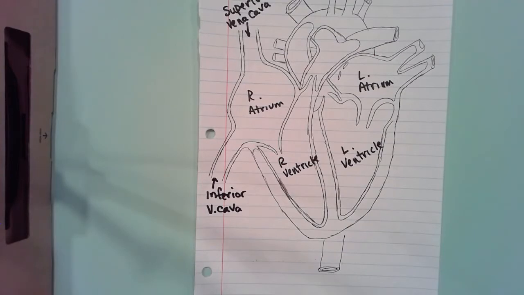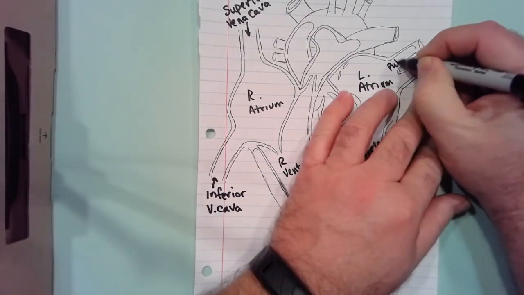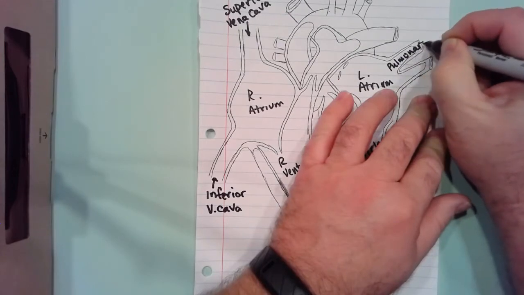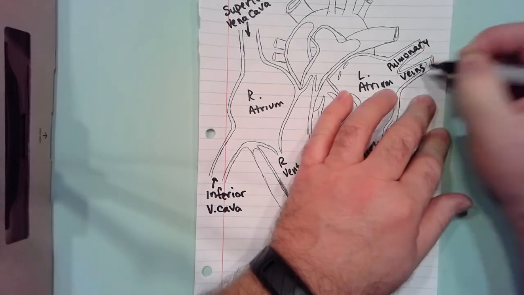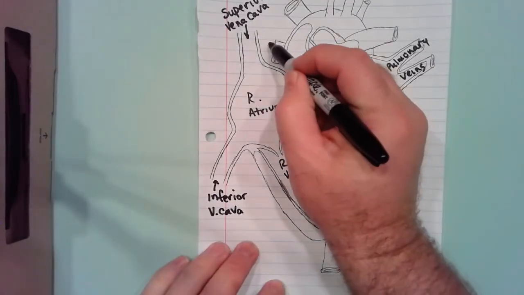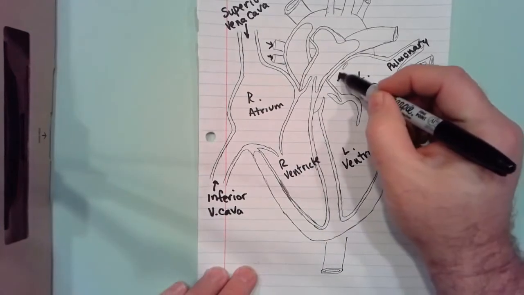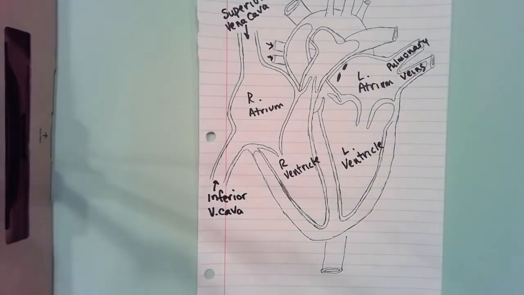The veins entering the left atrium are called pulmonary veins, and there are 4 of those. Two on the left side of the heart, and over here are the 2 on the right side, and they will enter the atrium right there from the right side.